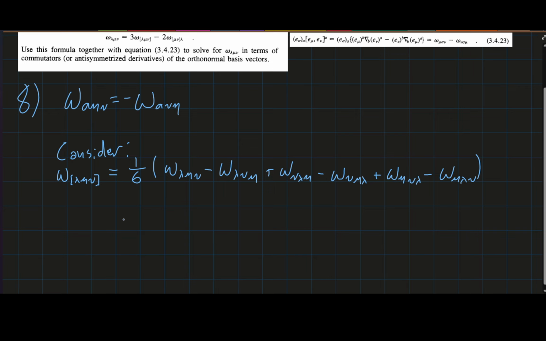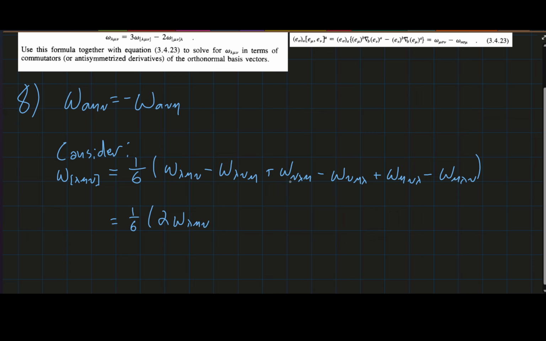Okay, so we can simplify this a little bit by utilizing the anti-symmetry property. We notice that we have lambda mu nu here, and then we have lambda nu mu. So it's just those two indices flipped, and it's a minus sign. If we flip them again and bring the other minus sign out, we essentially end up with 2 times omega lambda mu nu.